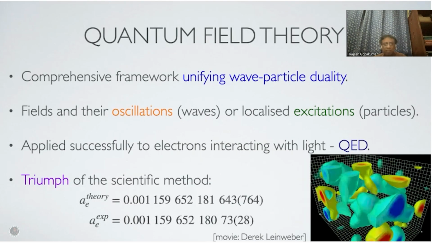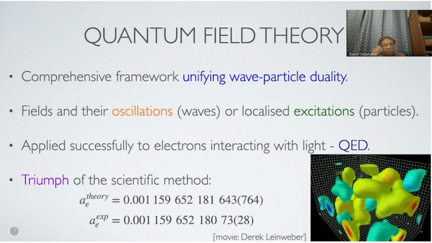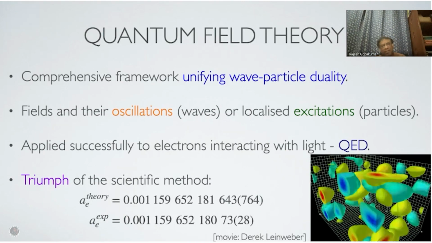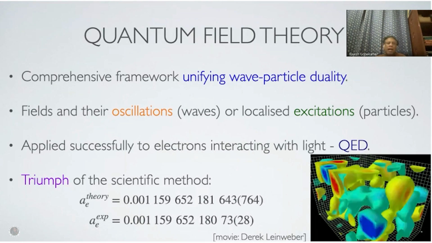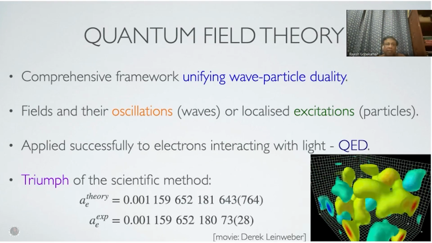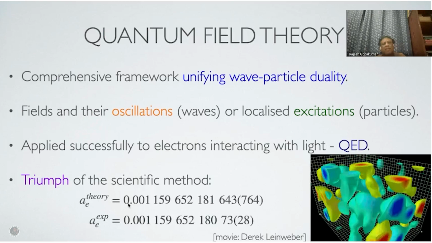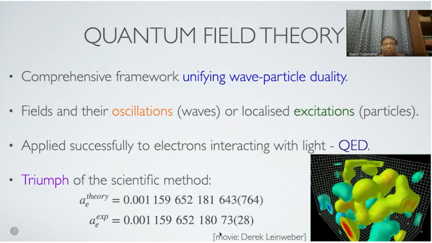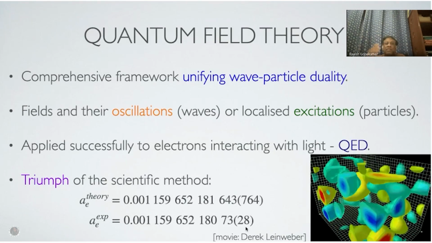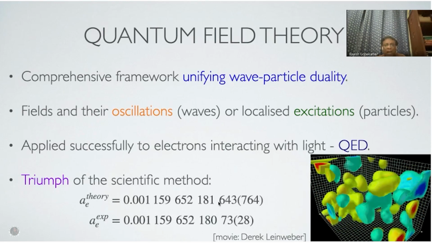You can compute how the magnetic moment of the electron deviates from its classical value, and this deviation is represented here through this number A. The theory of QED predicts, if you develop it to high enough precision, this number on top. And experiments, amazingly, can also measure to an accuracy of something like 10, 12 decimal places. And the two are matching up to the error.